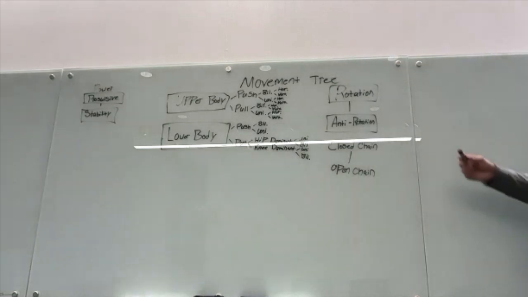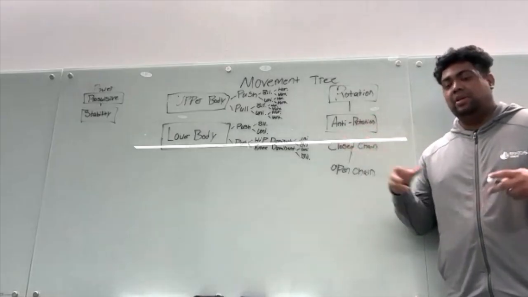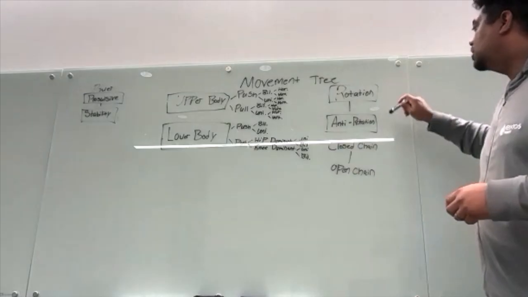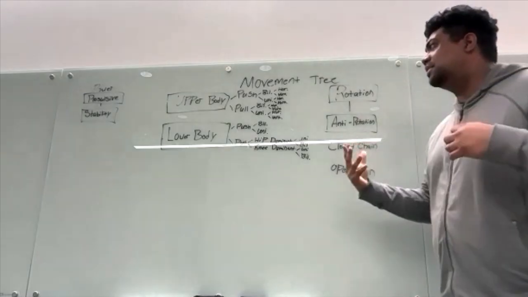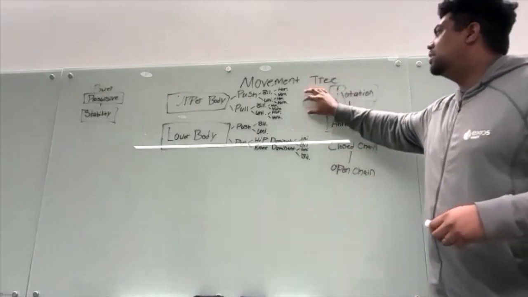Once again, going back to what I mentioned in the beginning, you train movements, you're never going to forget muscles. So making sure that you have each and every axis of rotation or movement plane, you have every single thing.